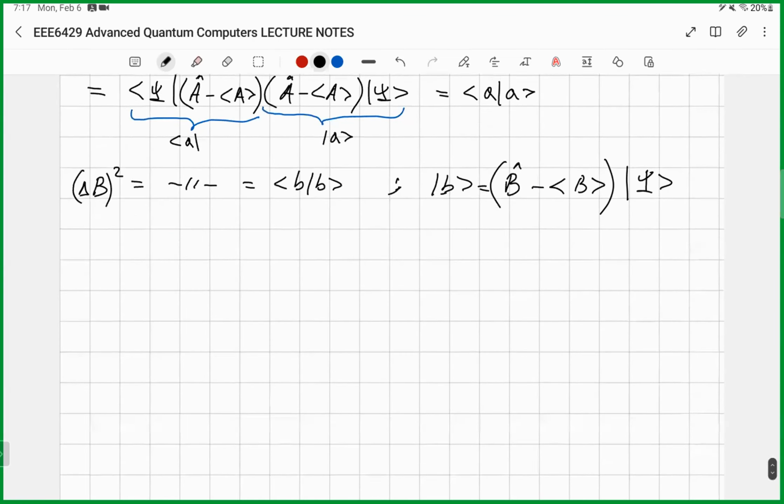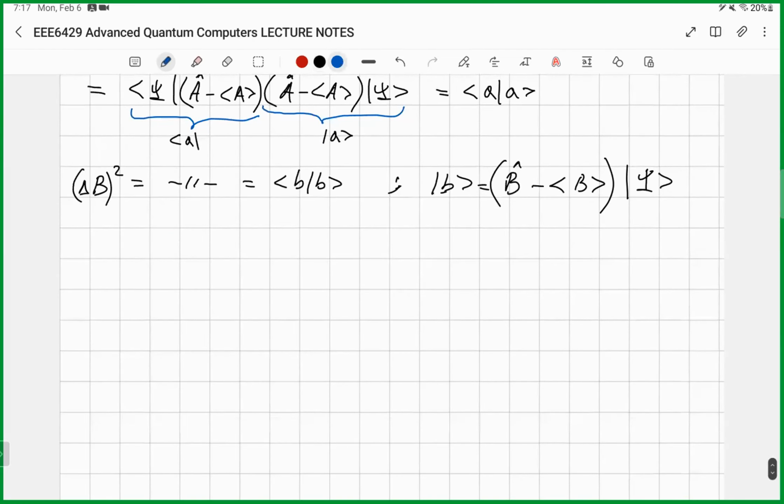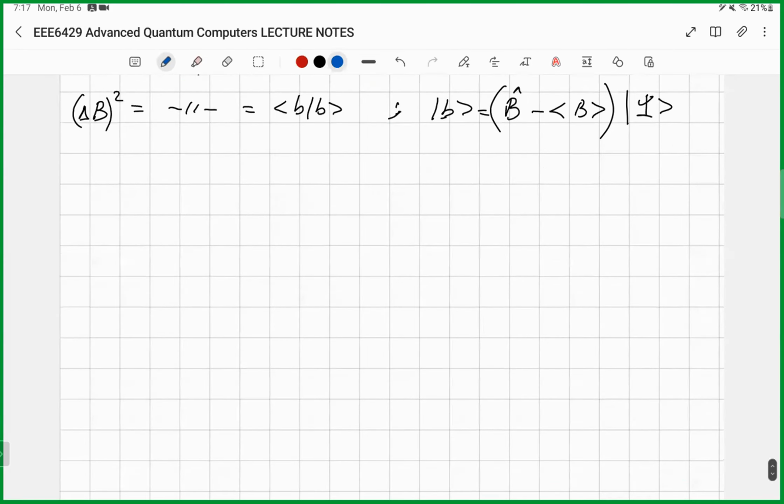All right. So now for the following, I will need two inequalities.